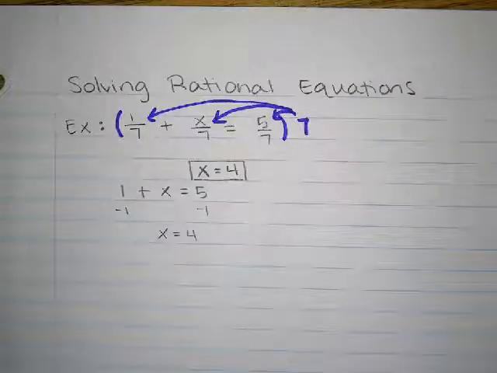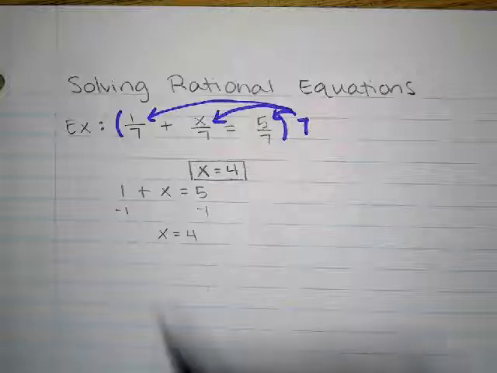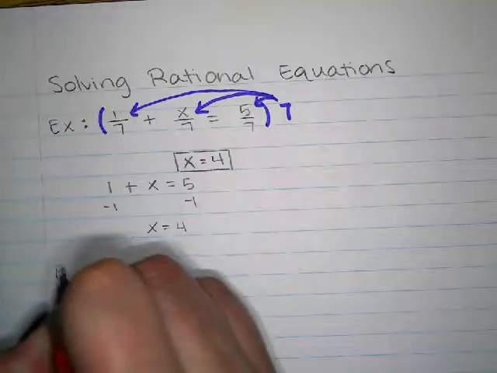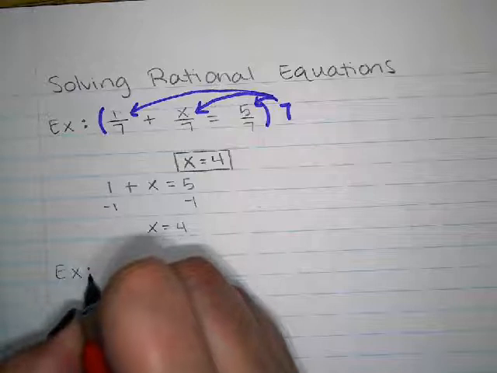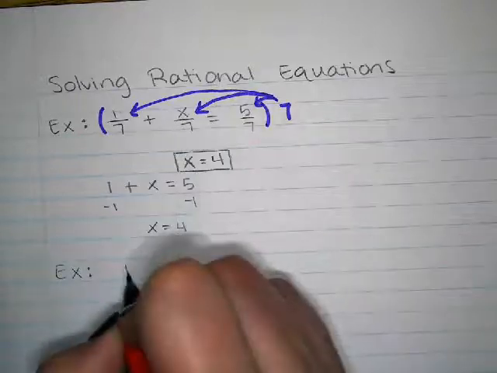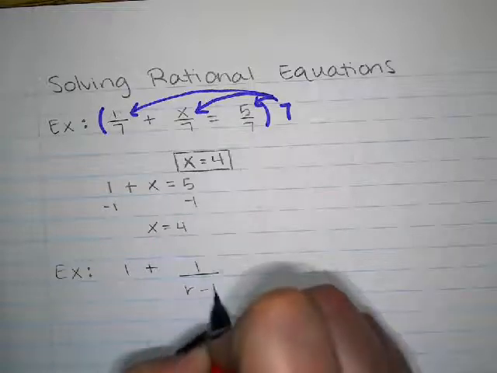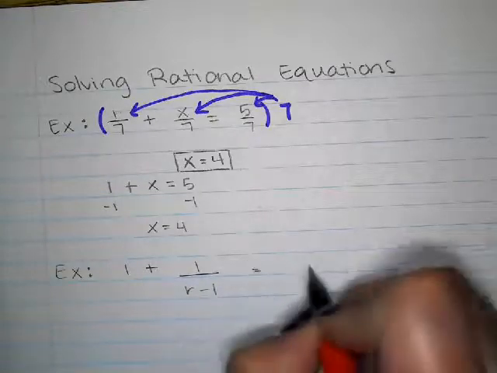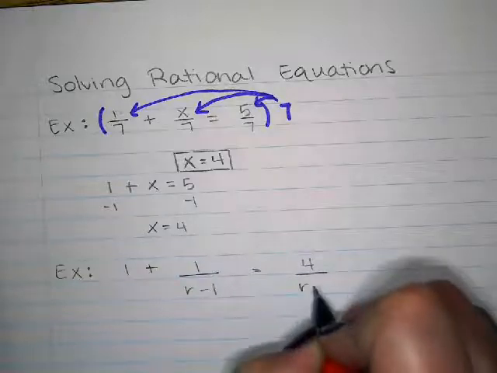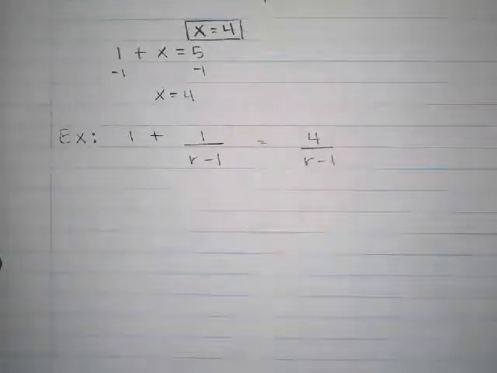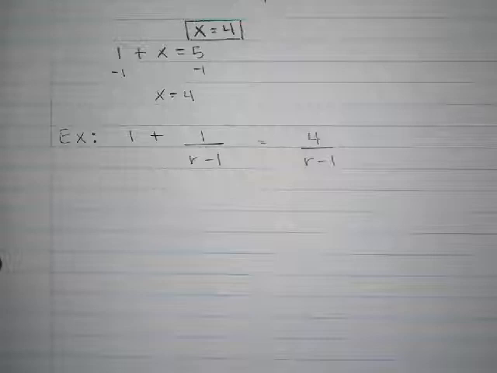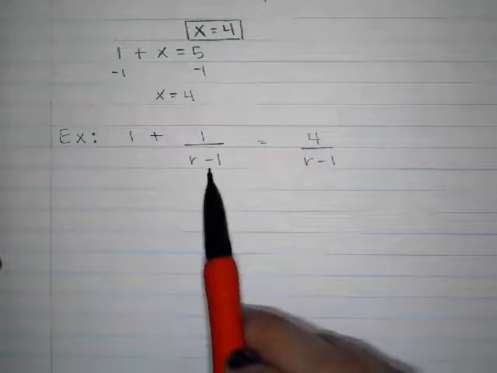Yeah. So, all right, let's try another example using this same idea. So we have 1 plus 1 over r minus 1 equals 4 over r minus 1. Now, one thing that we have to keep in mind when we're doing problems is that when we have a final answer, our final answer cannot be an excluded value.